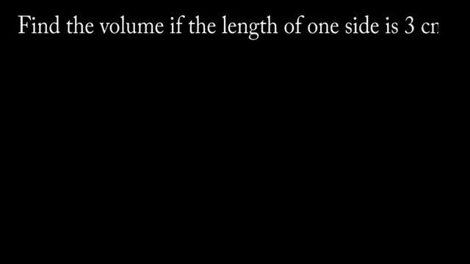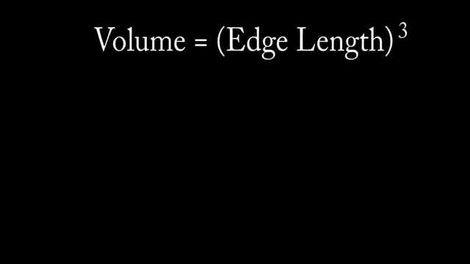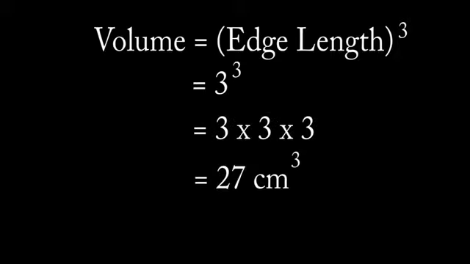Example number 3: find the volume if the length of one side is 3 centimeters. 3 cubed, so the volume of the cube is 27 cubic centimeters. Example number 4: find the volume if the length of one side is 7 centimeters. Now you help me solve this one.